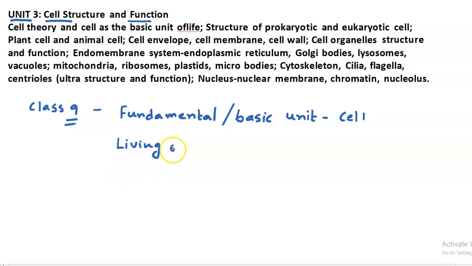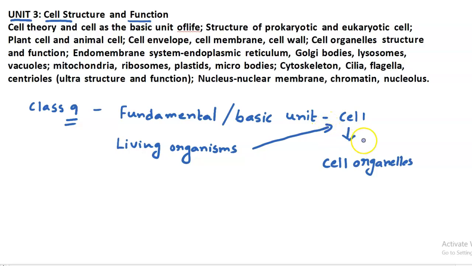When we say all living organisms are made up of cells, let us see what the cell is made up of. Cell is made up of cell organelles. So this indicates living organisms are made up of cells, and the cell is made up of cell organelles.